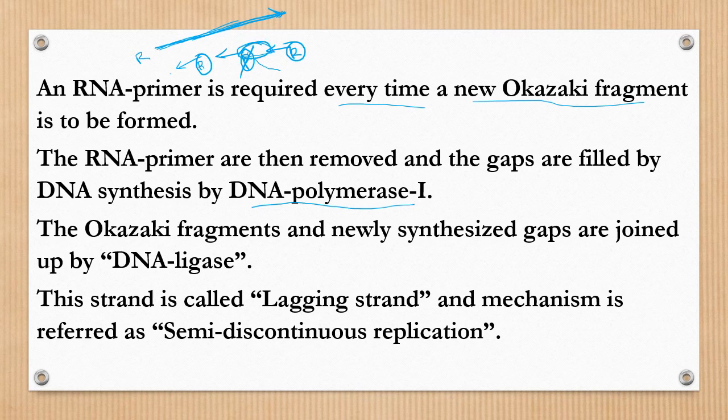Nucleotides are joined by DNA polymerase, and the sugar-phosphate bond is joined by DNA ligase. Gaps are filled by DNA polymerase, and joining is by DNA ligase. So this strand, where the Okazaki segments are formed, is called the lagging strand, and the mechanism is referred to as semi-discontinuous replication.